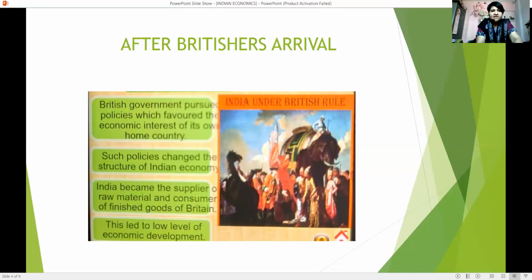Previously India was exporting cotton and silk, but now it was exporting only raw materials useful for producing cotton and other textiles, not in our home country, because they were producing them and sending them to their home country.